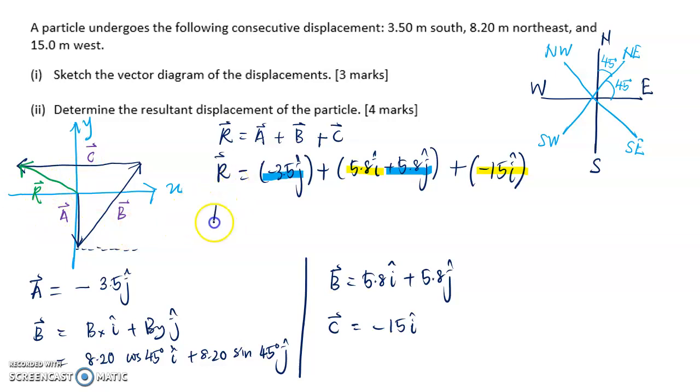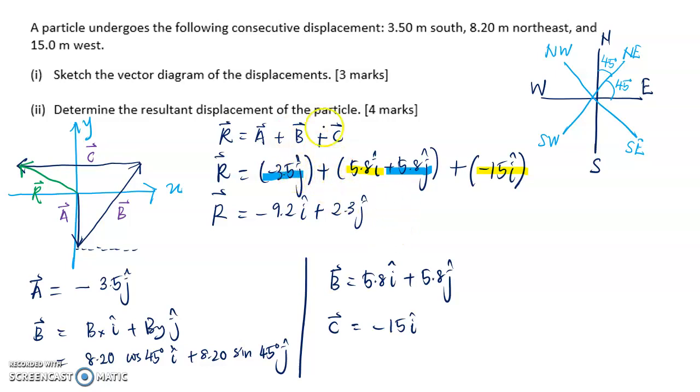The answer is that vector r is going to be equal to negative 9.2 i plus 2.3 j. So this is the resultant displacement vector of the particle.